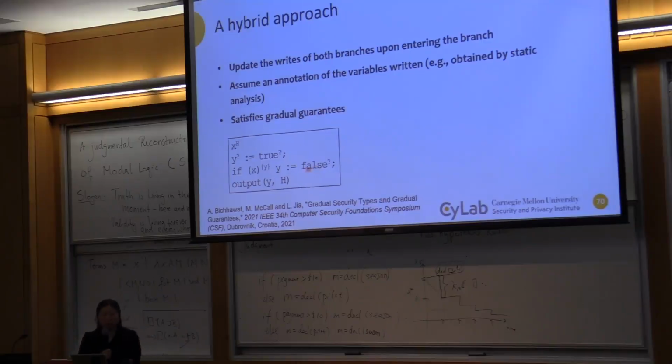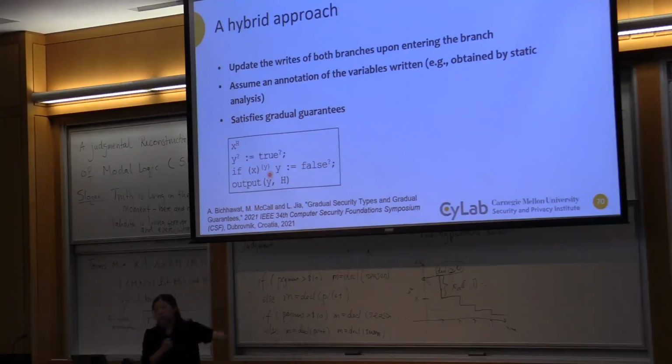So what I'll do is, I do require more effort in that for every branch, I'm going to ask the programmer to tell me what are all the variables that could have been accessed on either branch. Right? So here I have y assigned, therefore in this branch, I'm going to mark this y as a variable that could be written whether the branch is taken or not taken. Right? If this y is written in the else branch, it will also be in this set.